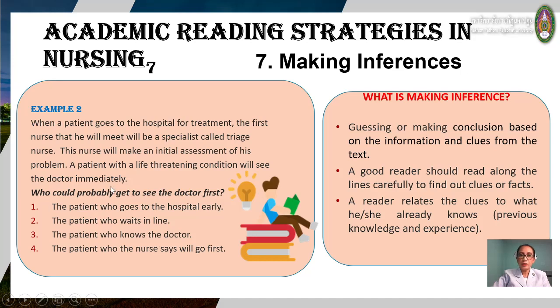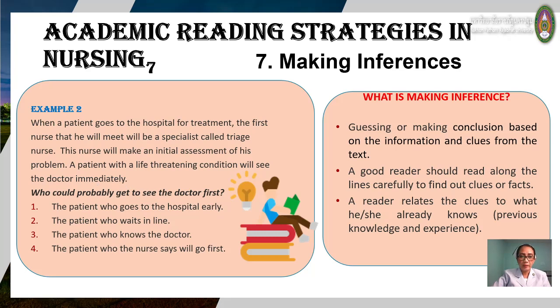Okay, let's go to example number 2. When a patient goes to the hospital for treatment, the first nurse that he or she will meet will be a specialist called triage nurse. This nurse will make an initial assessment of his problem. A patient with a life-threatening condition will see the doctor immediately.